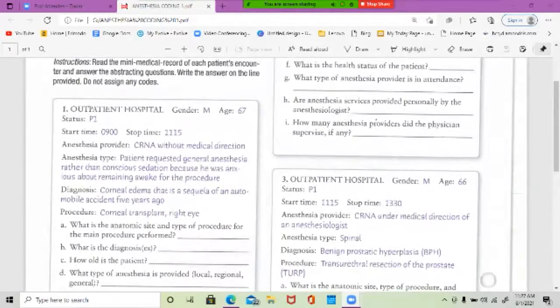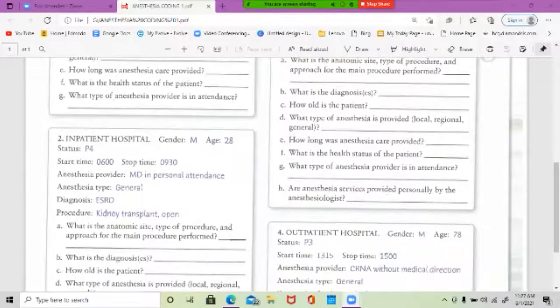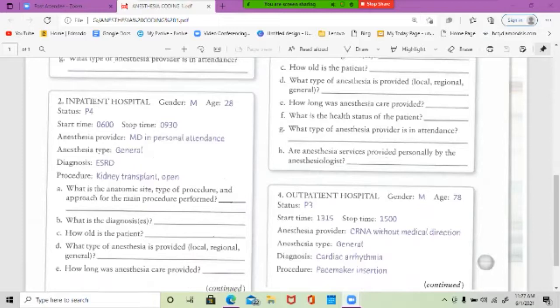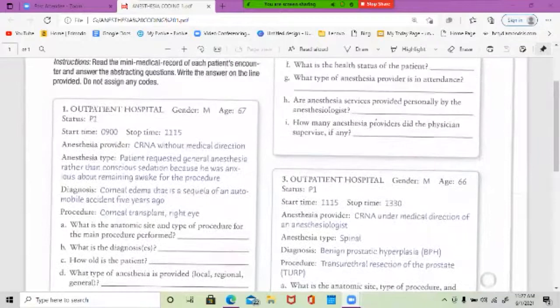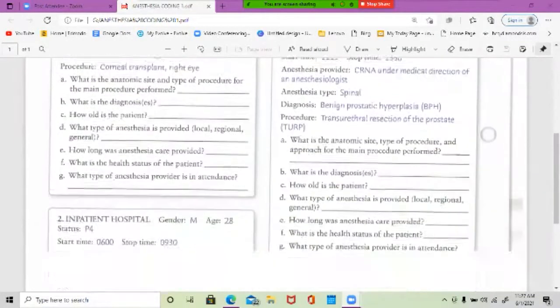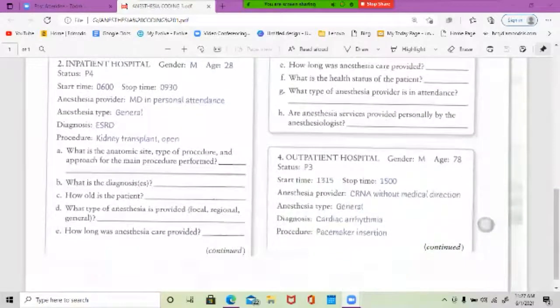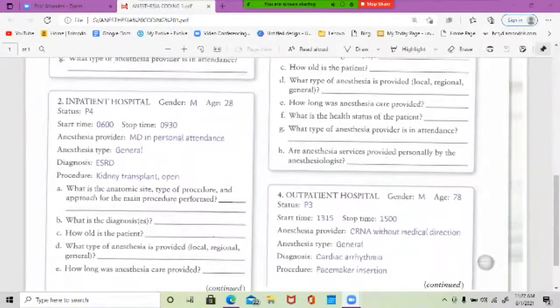Are anesthesia services provided personally by the anesthesiologist? Oh, goodness. Miss Rhonda. Yes. It was provided, yes.